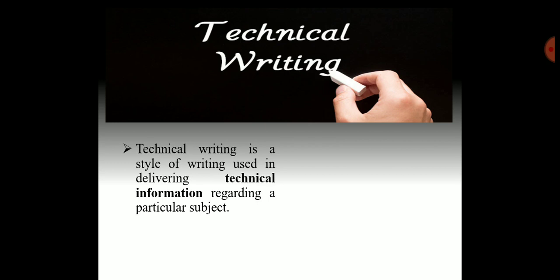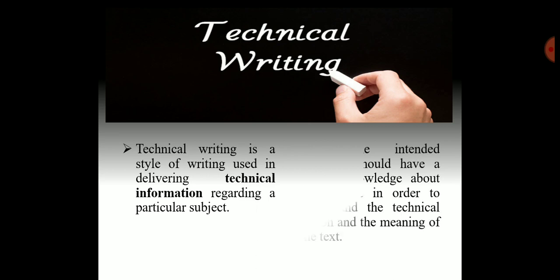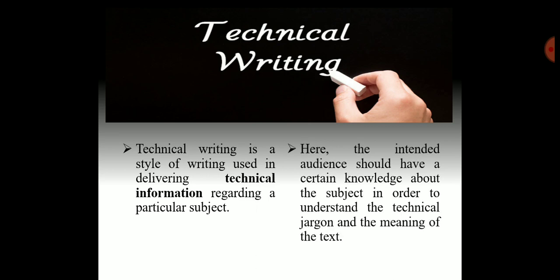They'll have some knowledge about that particular topic, and also when you're teaching them or writing about it, you will have some knowledge about this special information. So this is what technical writing is about.